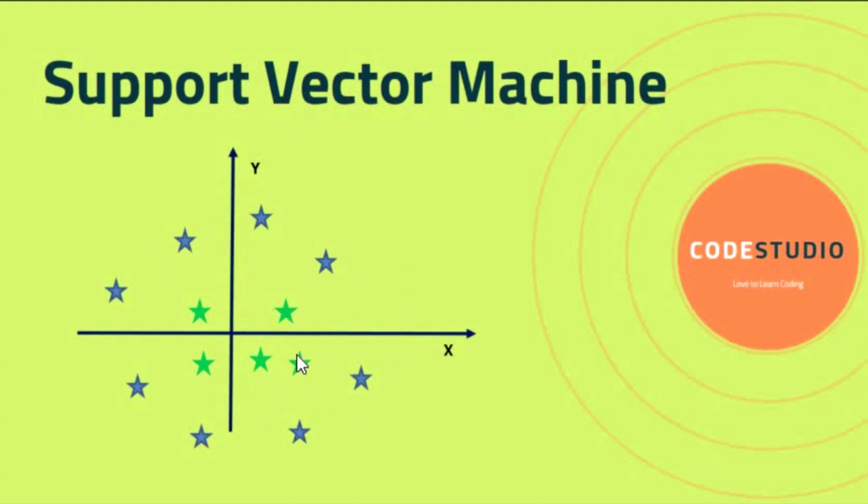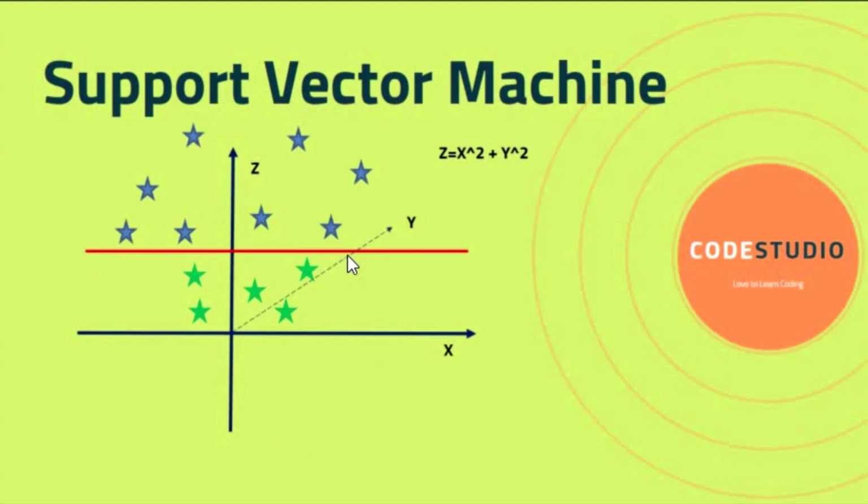To separate these points, we have to use a parameter called the kernel in the SVM models. So what is the use of the kernel parameter in SVM? Basically the kernel parameter is used to convert or create low dimensions into high or more dimensions, which can help to separate these points.